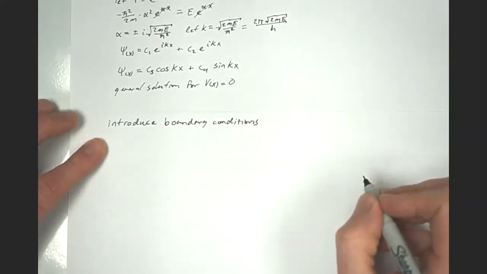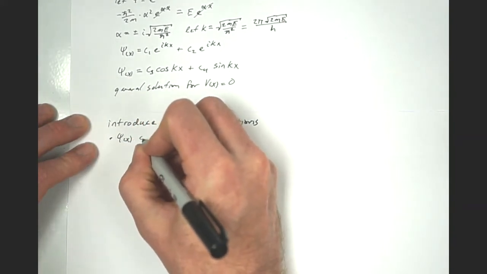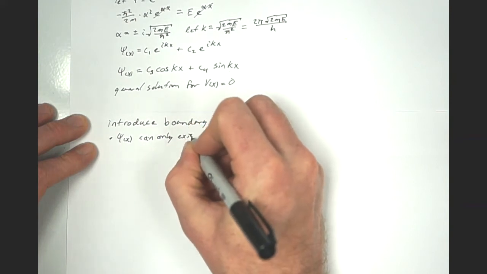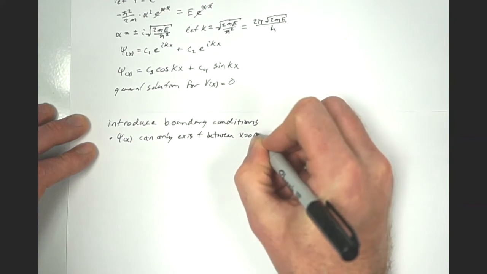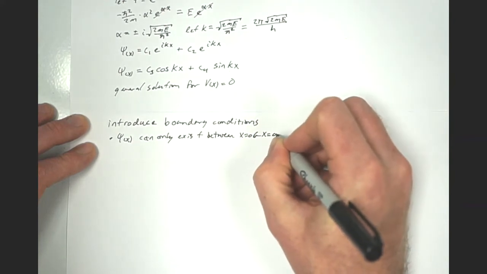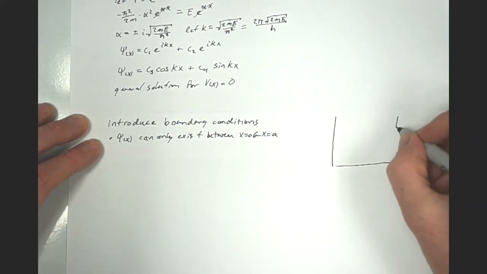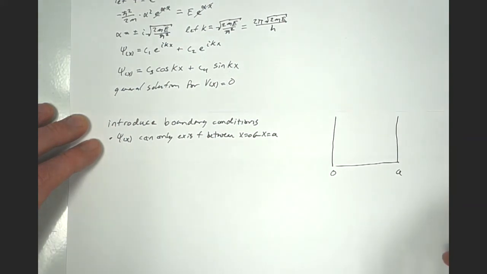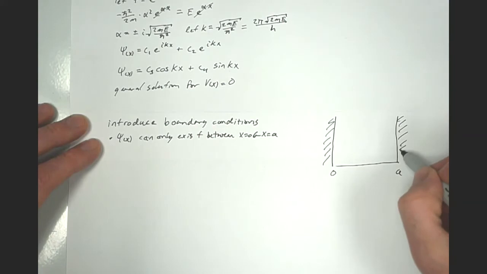We're just going to put in the requirement that psi of x can only exist between x equals 0 and x equals a. So here we've got an area where a wave function can exist, 0 to a, and we've got some sort of infinite wall out here.